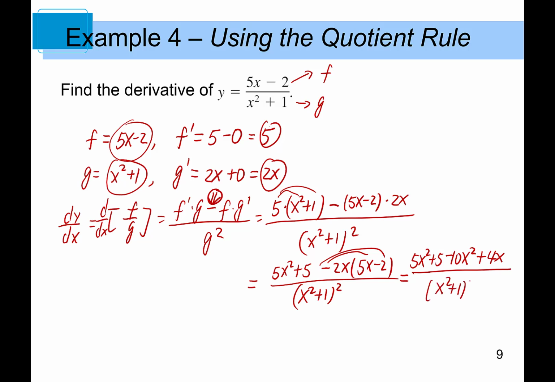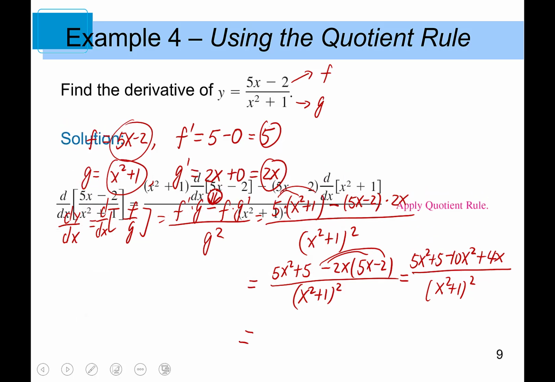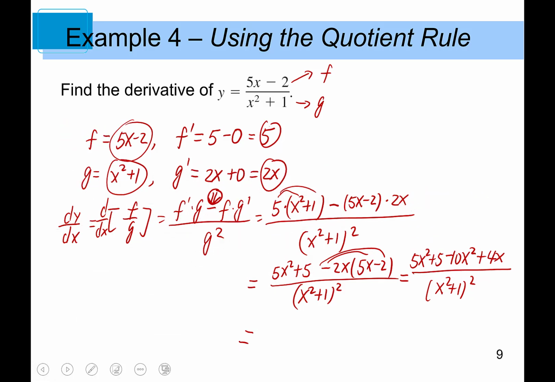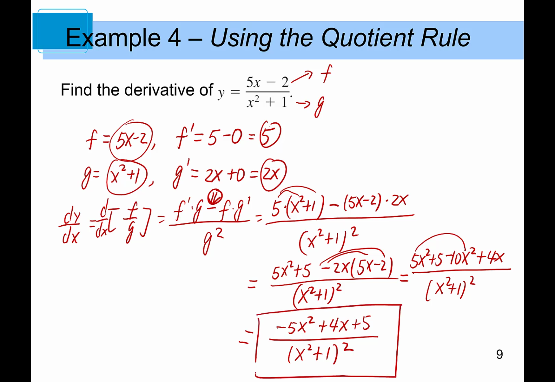Almost there. Then combine like terms: 5x squared minus 10x squared is minus 5x squared, plus 4x plus 5. That's the numerator, and the denominator is x squared plus 1, squared. So that's your final answer.